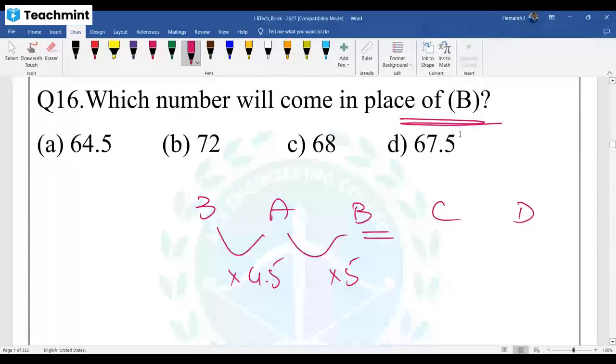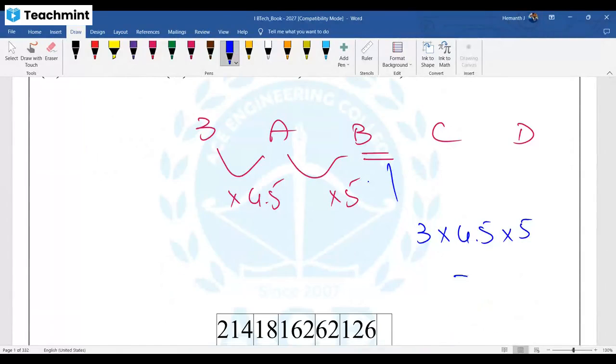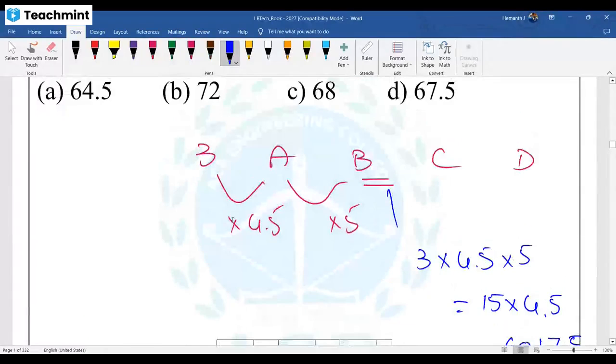Now your answer should be 3 into 4.5 into 5. 3 into 5 is 15. 15 into 4.5: 15 four times is 60, 15 half is 7.5, so 67.5 should be your answer. 67.5, option D is your answer.